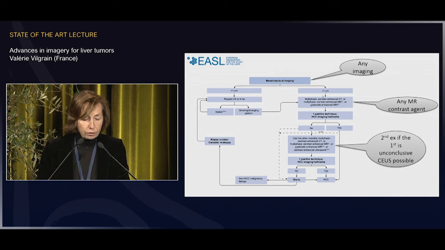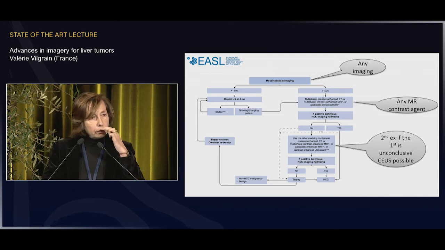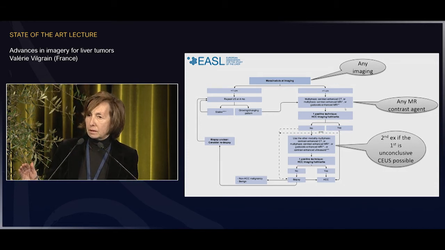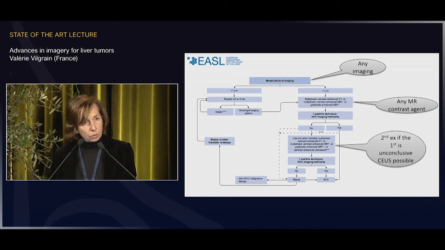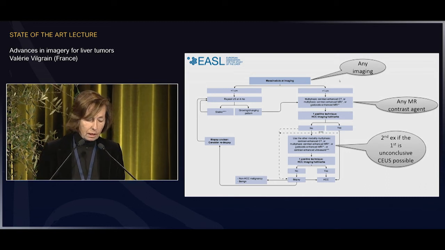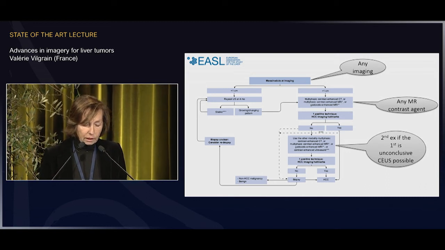The third thing which is really different from the previous guidelines is that when the first contrast-enhanced imaging is negative, we should perform another one. If we have started with CT, we can do an MR, or vice versa. But we have also introduced contrast-enhanced ultrasound.